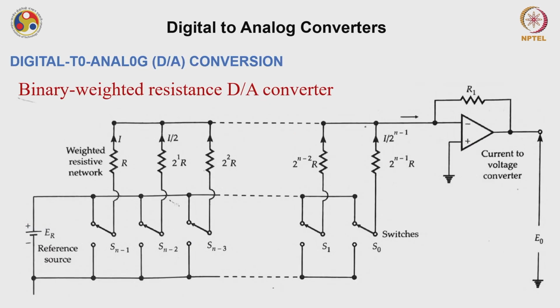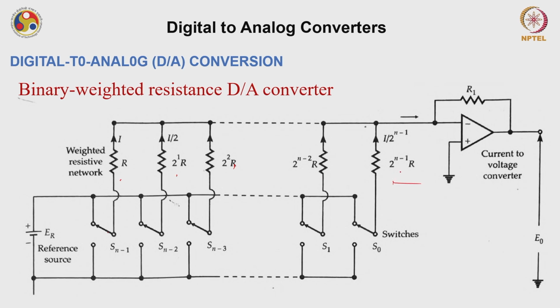Then another configuration that we have is the n-bit binary weighted resistance DAC. This is one example where these are switches and these are binary weighted resistors, where this is R, then 2 to the power 1 R, 2 to the power 2 R and so on.